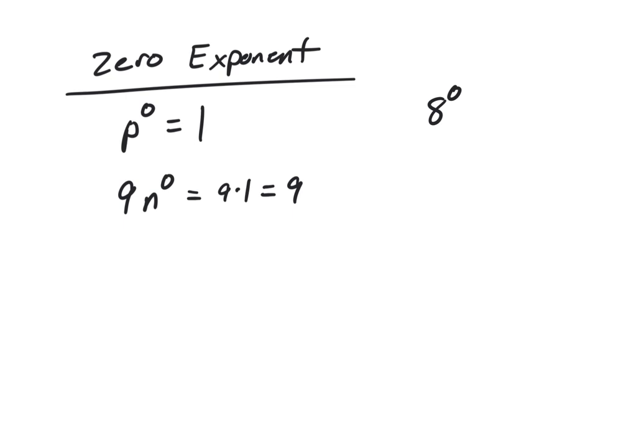But if I have 9n, all in parentheses, and I raise that entire thing to the 0 power, my answer is going to be 1, because everything is being raised to the power. So parentheses, like I said earlier, are extremely important today. Extremely important to what we need to do. Okay, so that's what we call the zero exponent rule.